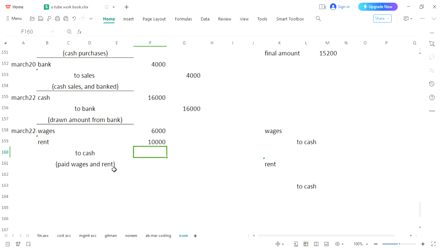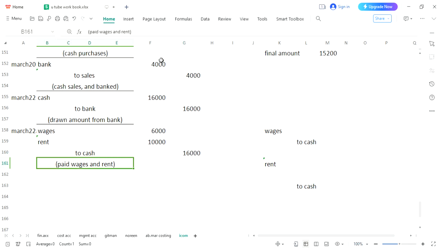Now please note, you have paid 6,000 for wages, 10,000 for rent. How much total cash will go out? Obviously, you will add both of these expenses. So total 16,000 cash will go out. In this way, our March 22A entry is completed, which is wages, rent to cash.